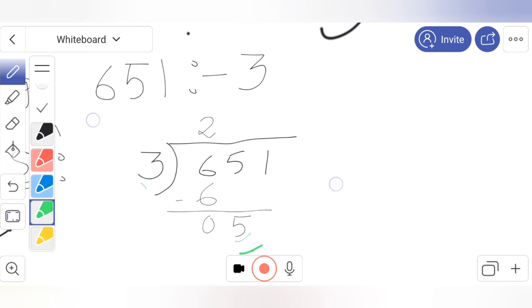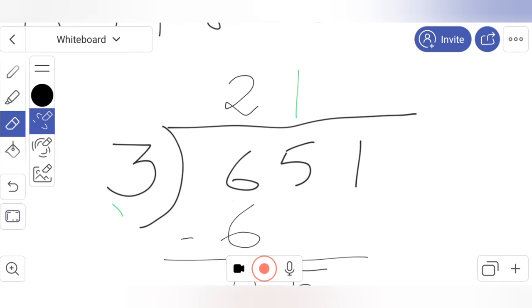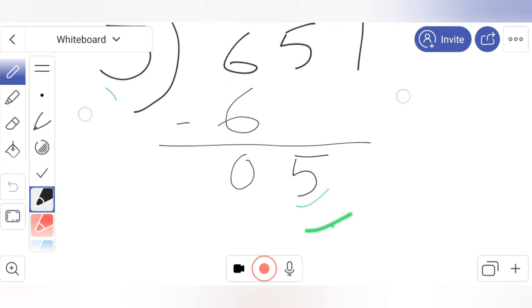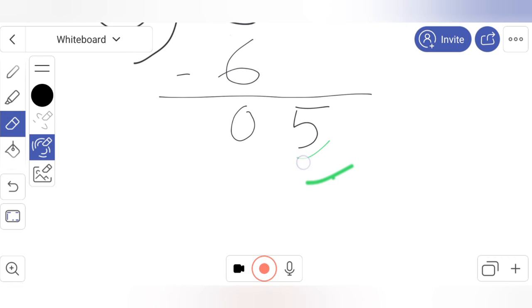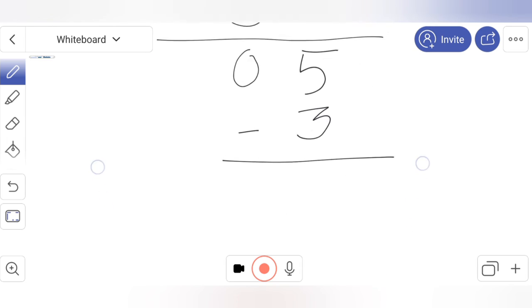So 3 ones are 3. So then we have to subtract now. 5 minus 3 is how much?